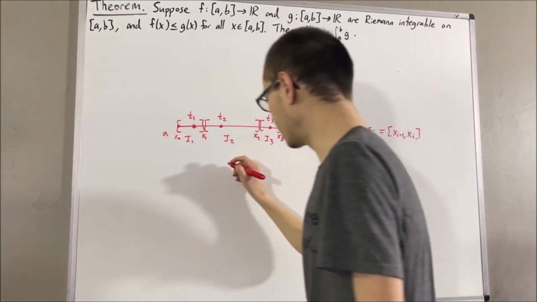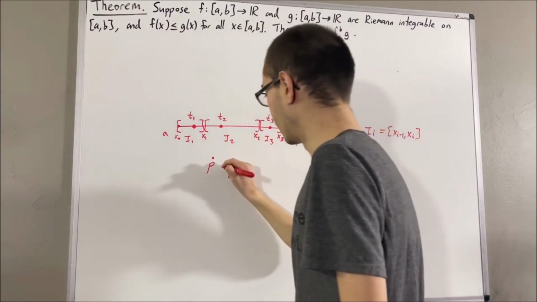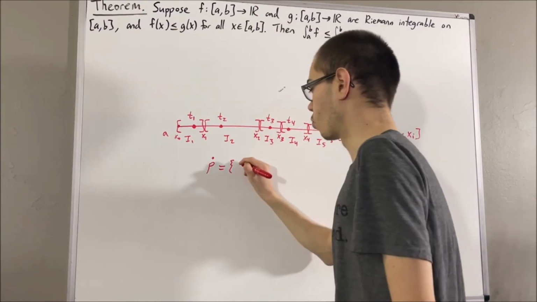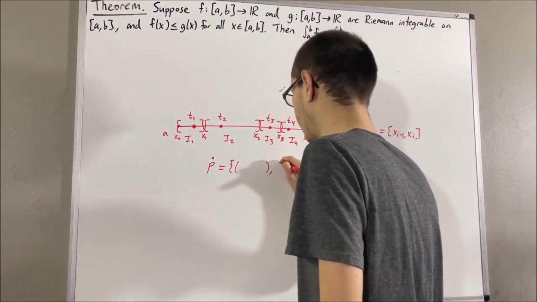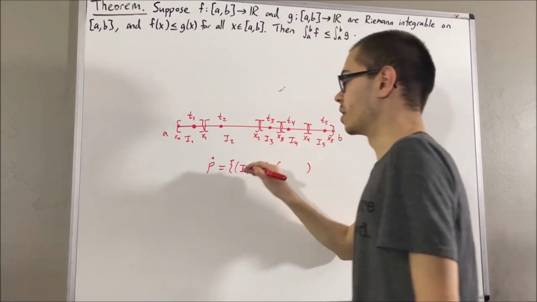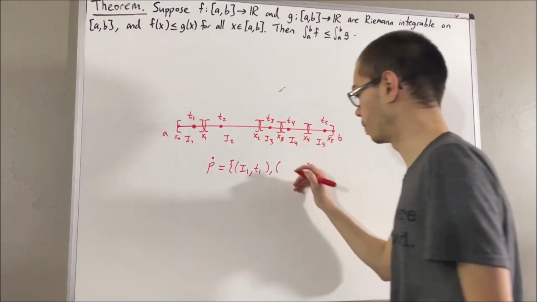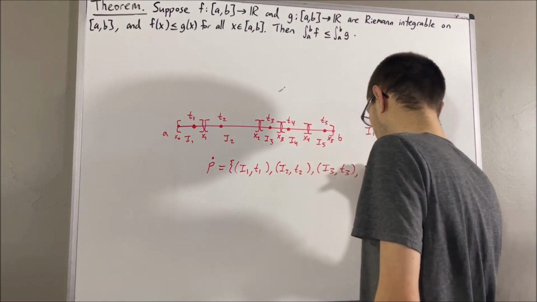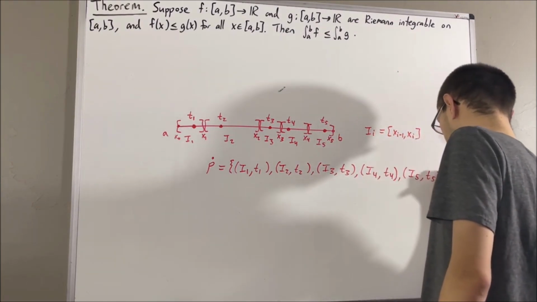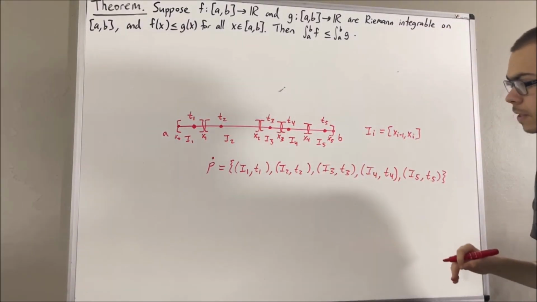And we can symbolize a tagged partition by a letter with a dot on top. And in the collection, we have a collection of ordered pairs. The first coordinate of an ordered pair is the subinterval. The second coordinate is the tag belonging to the subinterval. So this would be the tagged partition given above.